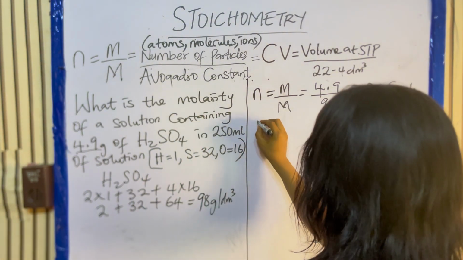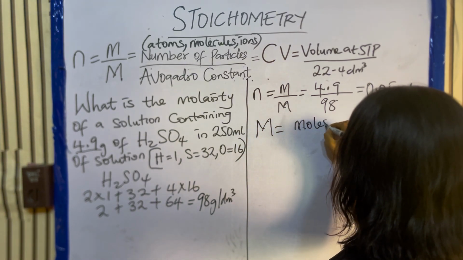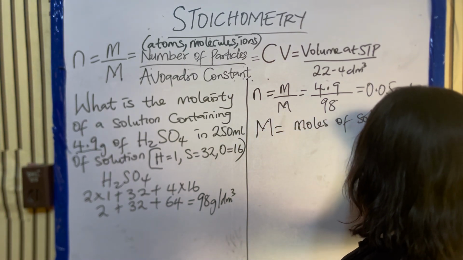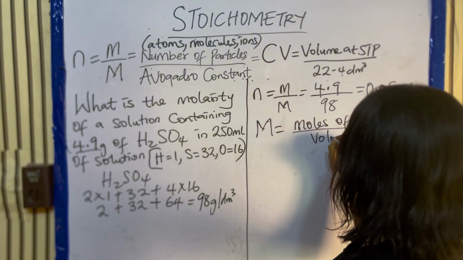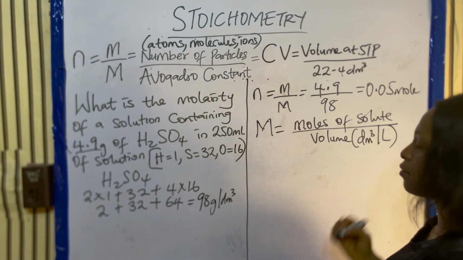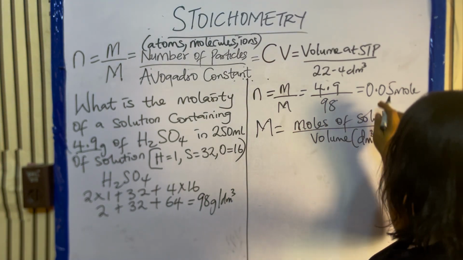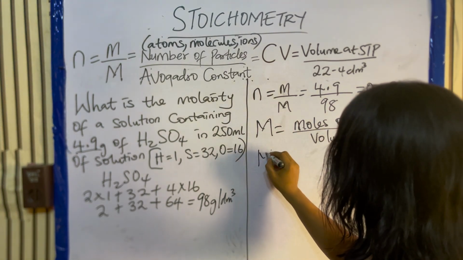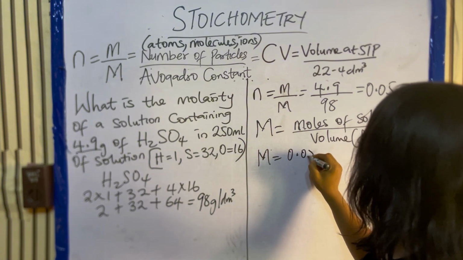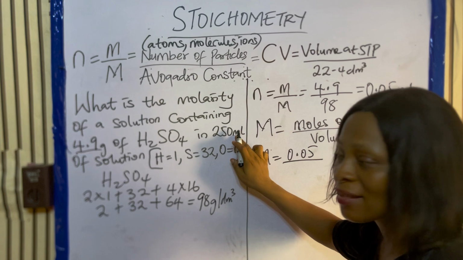All right. So having gotten our moles, the question says what is the molarity? So let's look for molarity. Molarity is moles of solute over volume. Now the volume must be in dm cube or in liters. So what's the moles of solute? The moles of solute we have here is 0.05 over the volume, which is 250 milliliter.